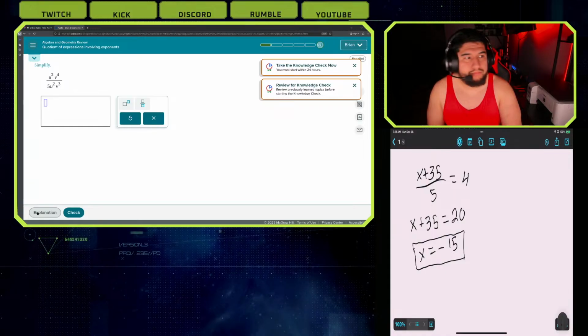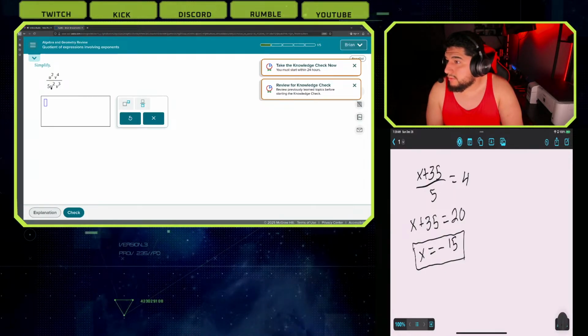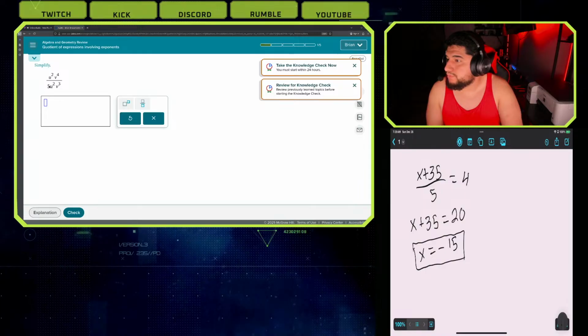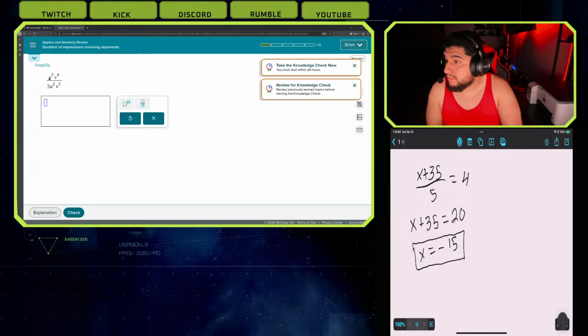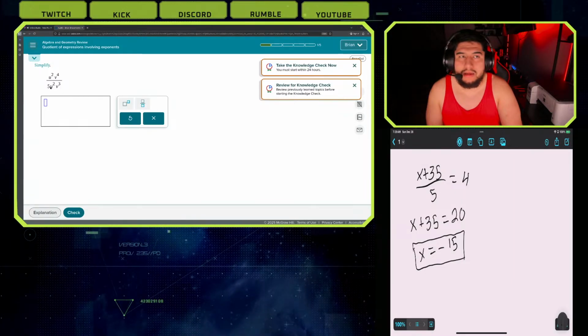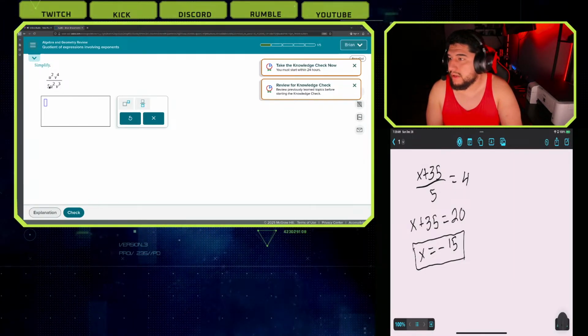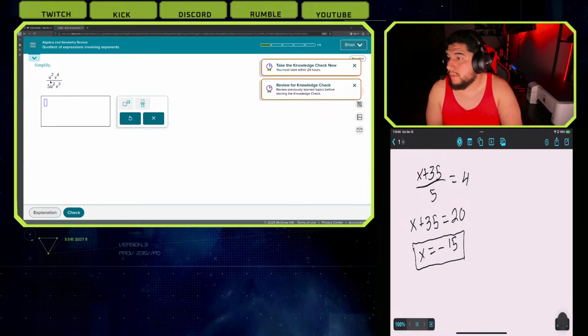There you go. So we have a digit right here, same thing. There's an invisible 1, and there's a 5 here. So that means the U's are going to stay on the bottom.